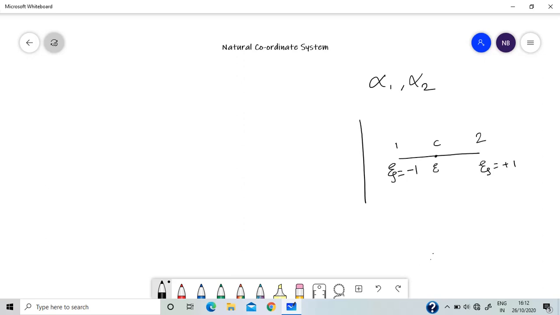C is the center point at which zeta, which is a natural coordinate, is 0. We need to find out zeta at a point P. The x coordinate of node 1 is x1 and the x coordinate of node 2 is x2.